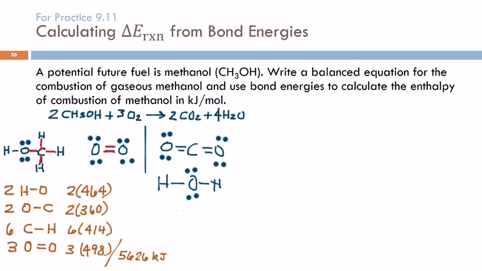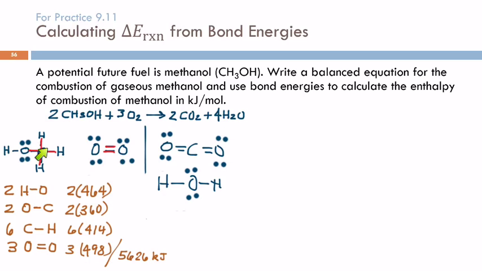So the bottom number is the energy needed to break all the bonds? Yeah. So it would take 5,626 kilojoules to take 2 moles of methanol and 3 moles of oxygen and separate them into individual atoms.